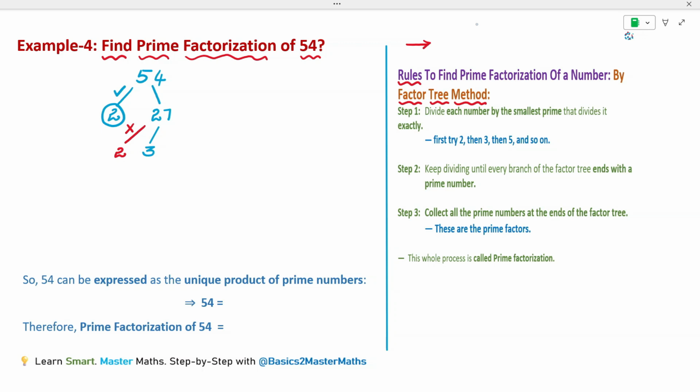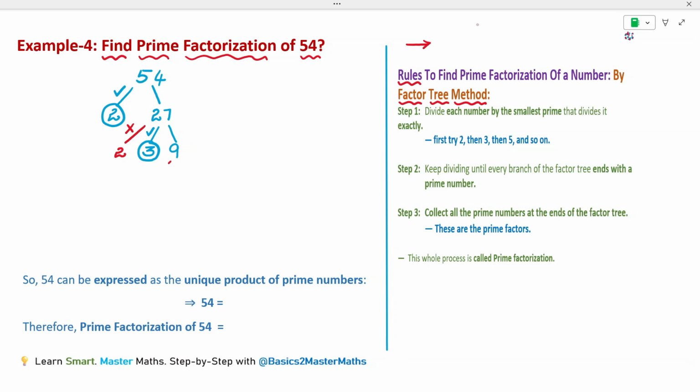Since 3 divides 27 exactly, we get 9. Observe, 3 is prime. So, this branch ends here.